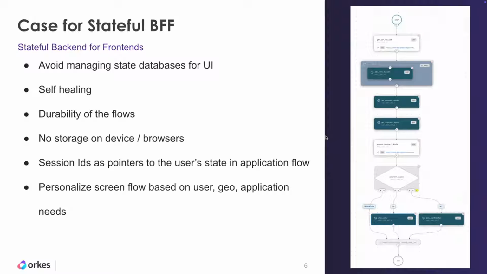And you don't get to store stuff on the browser. You have a session ID, which will be the execution to the user state, so you know exactly what happened to that user. And you can personalize flows for a specific user.